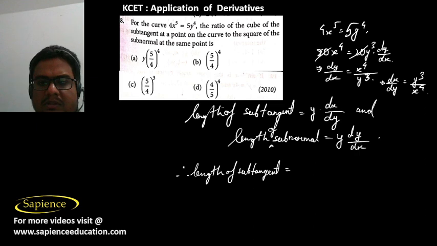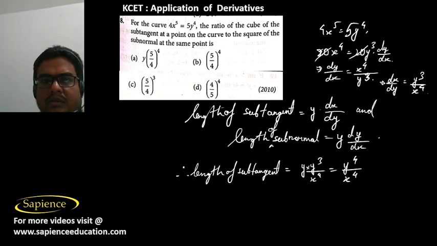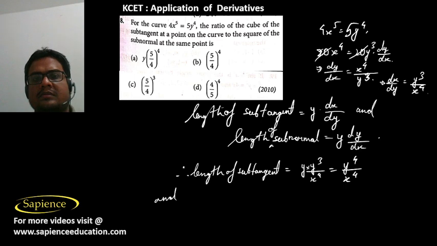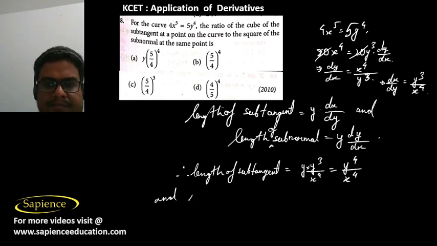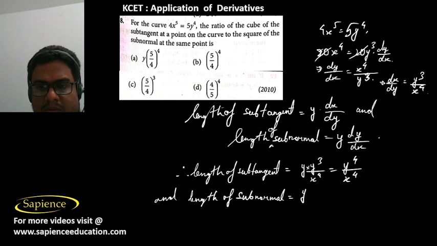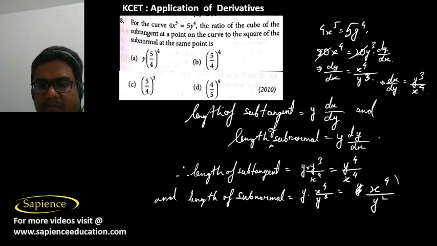Length of subtangent is equal to y into y cube by x power 4, and length of subnormal, that is y into dy by dx, that is x power 4 by y square.